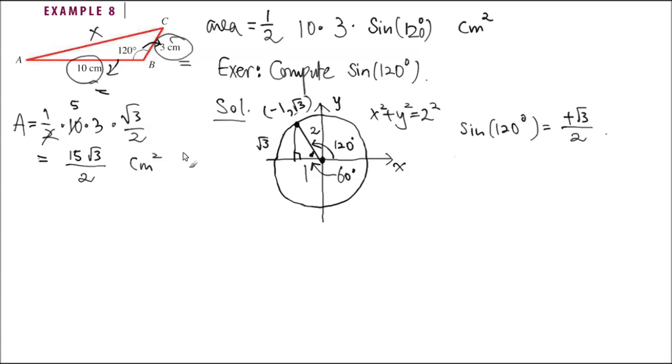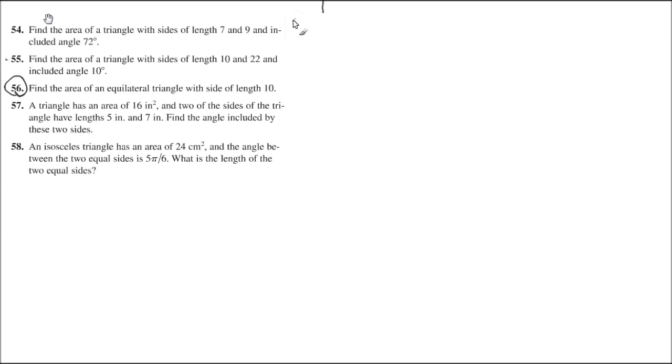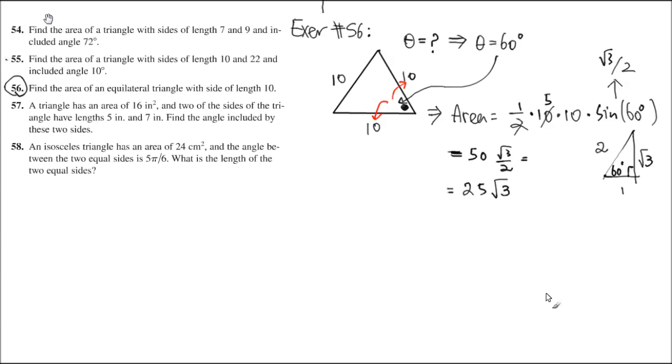So a new formula. All right? So, any question? It's exercise number 56. The same sine 60 is going to be used, and we know what that is. We just calculated it, actually. Root 3 over 2, and I also sketched that special triangle.